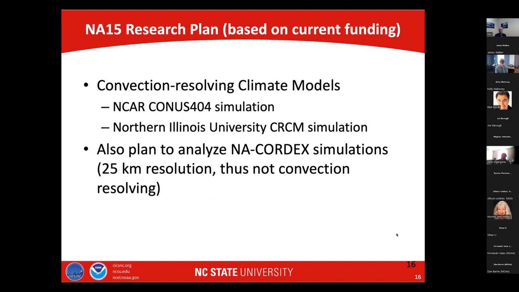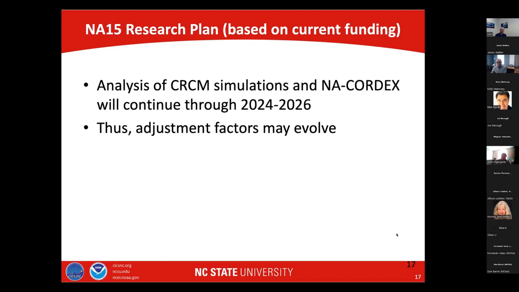Also, I am planning to analyze the NA-CORDEX simulations. They provide hourly data, so we get pretty far down the duration scale and pretty close to the 15-minute standard. These are 25-kilometer resolutions, so they're not convection resolving, but I would like to look at these and see what they produce.